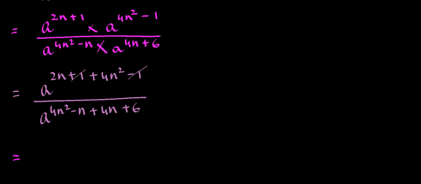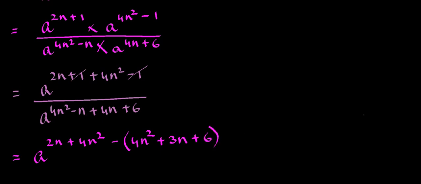So this entire power of the denominator we are going to subtract. So we will say a raised to 2n plus 4n square. This whole thing we are going to subtract from minus 4n square minus n plus 4n will give me 3n plus 3n plus 6.